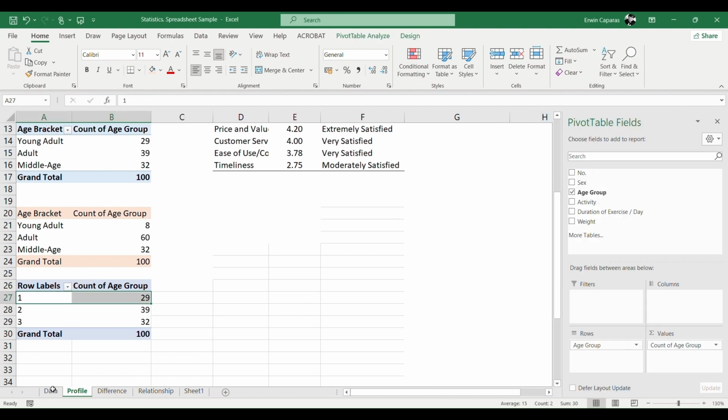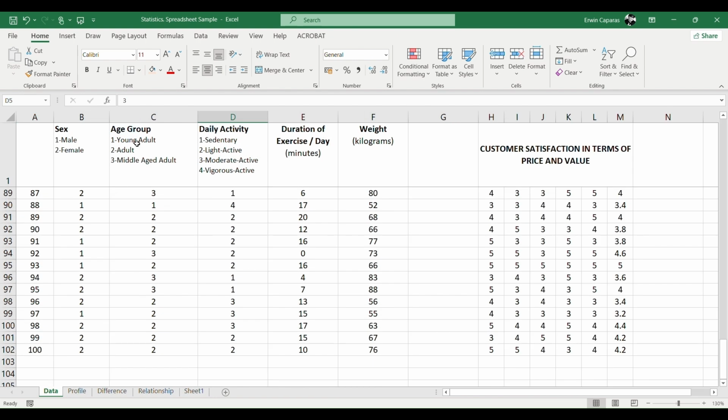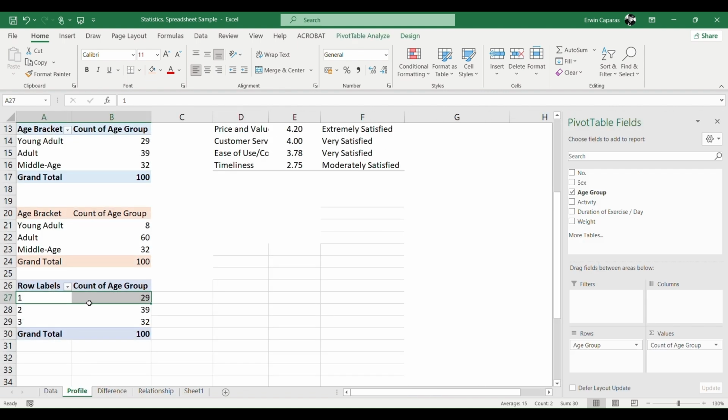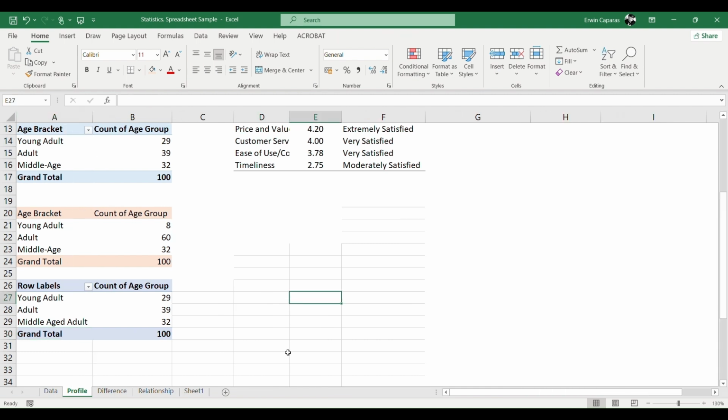So, in label number 1, 1 is young adult, so we can change this now into young adult, then we have adult, and then we have the middle aged adult. So that is how we present the data.